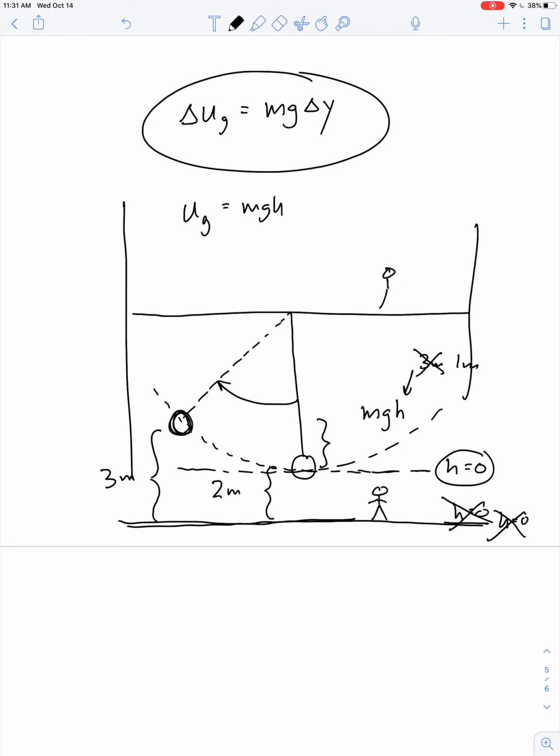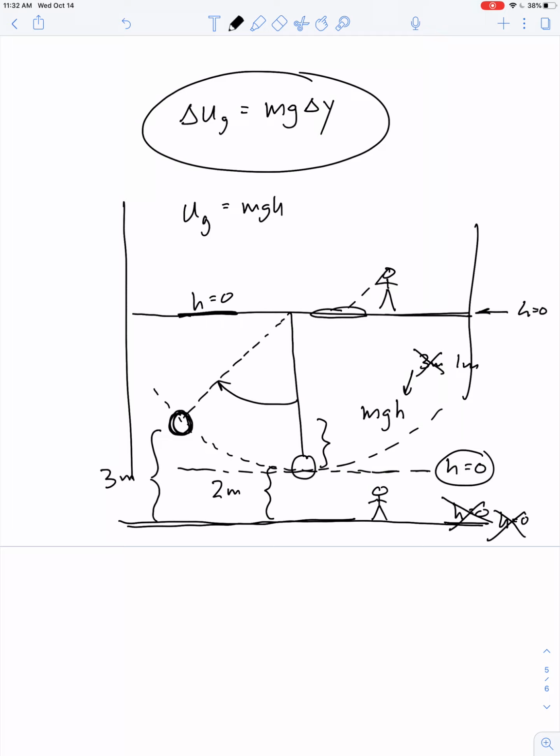There could be somebody standing on the upper floor, and let's just imagine there's a hole in the floor. Now, when they look down, they're going to see that the bowling ball is actually somewhere below what they would probably think of as a reference level, h equals 0, at the floor of the second story of this building. Then they would say that the potential energy when the ball is here is actually some negative value.